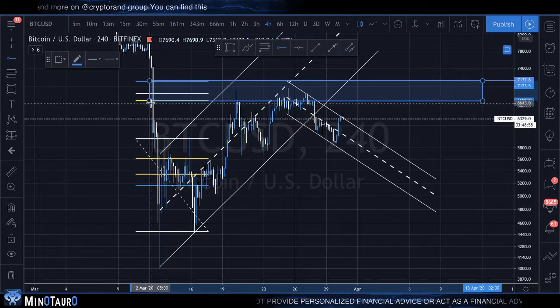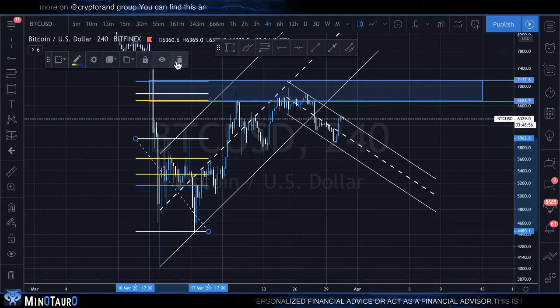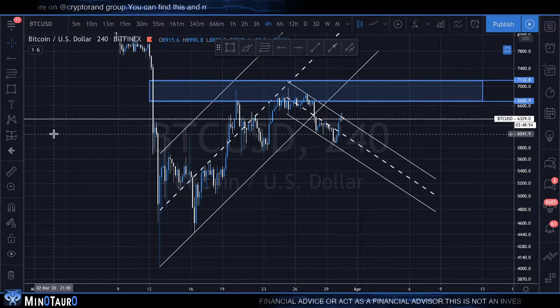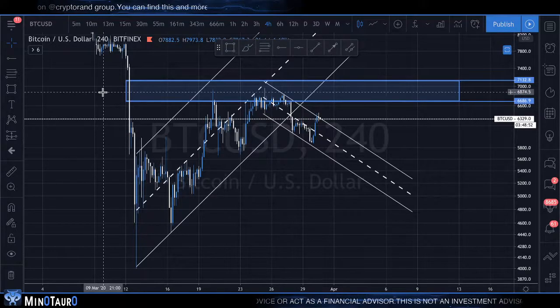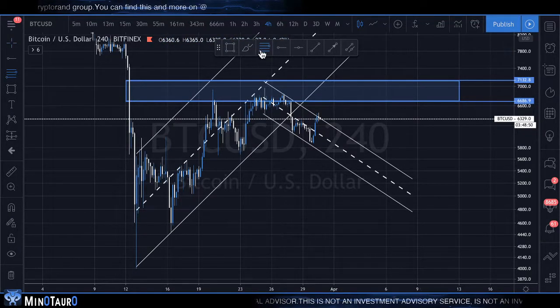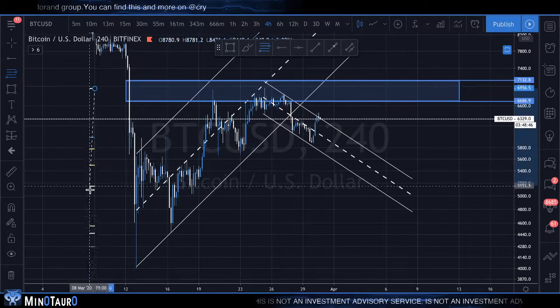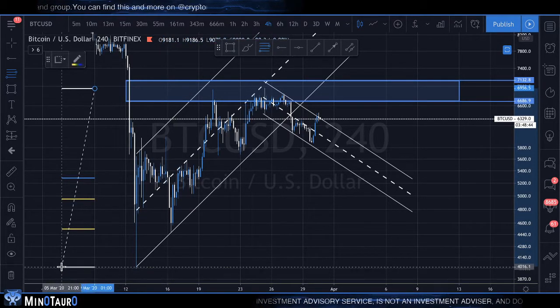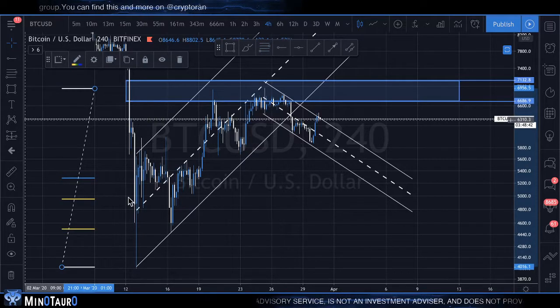This is the main box. We don't need this anymore. Then we need the golden pocket that is here. Main golden pocket.